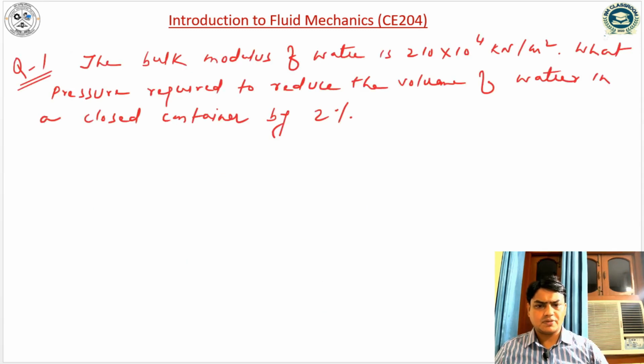So let us take the problem. The bulk modulus of water is 210 into 10 to the power 4 kilonewton per meter square, so bulk modulus K is 21 into 10 to the power 5.